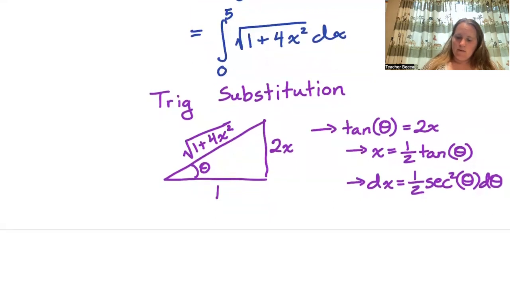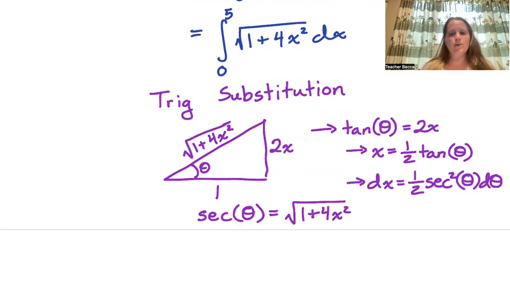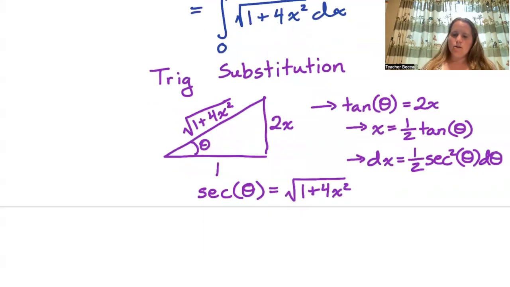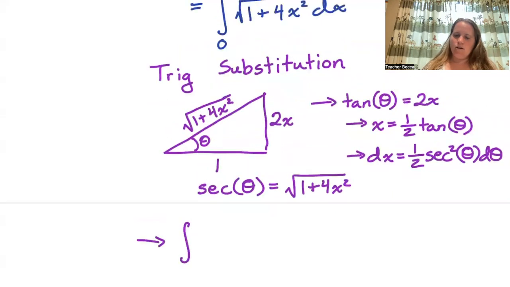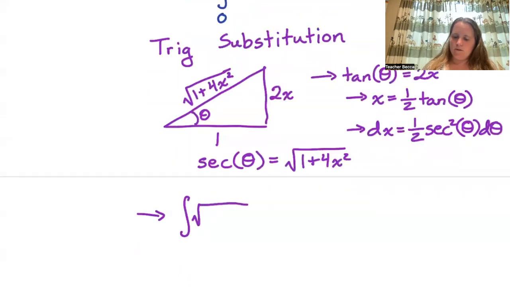We similarly have the secant of theta is equal to the square root of 1 plus 4x squared over 1, or just the square root of 1 plus 4x squared. So we are looking at the integral of the square root of 1 plus 4x squared dx.